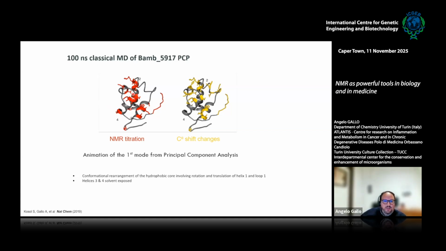The conformational rearrangement in this case involves the rotation and translation of helix 1 and loop 1. If you look at where the setting is, it's up here. So this is consistent with a conformational rearrangement influenced and mediated by the C15.